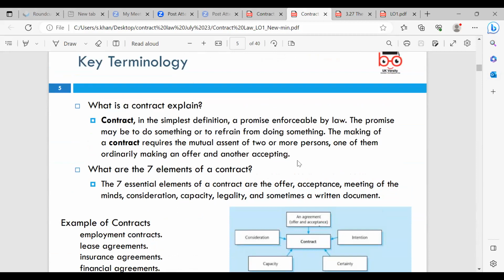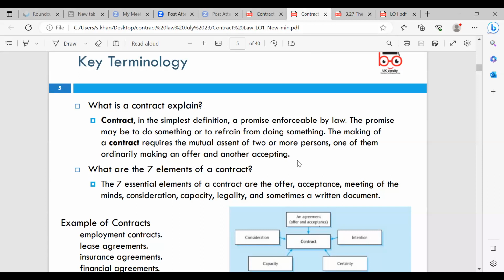So you promise something to someone else, for example, you promise me a car, and then a contract is maybe something that you refrain from doing, so you don't give me the car as well. The making of any contract, if you take the car example, is a mutual assent of two or more persons, one person making the offer and the other one accepting it.